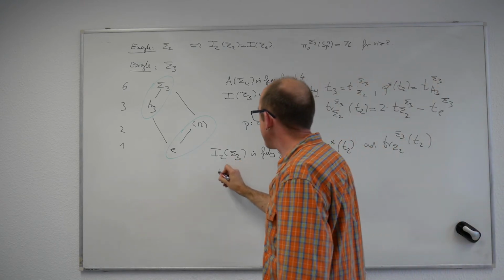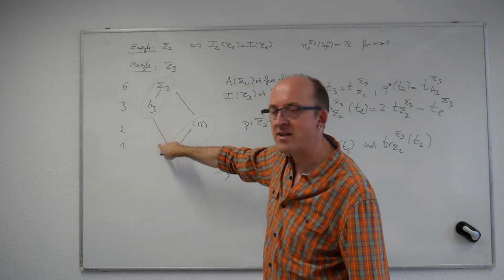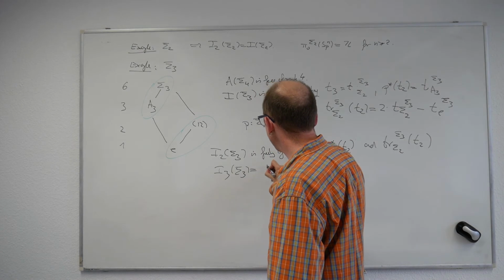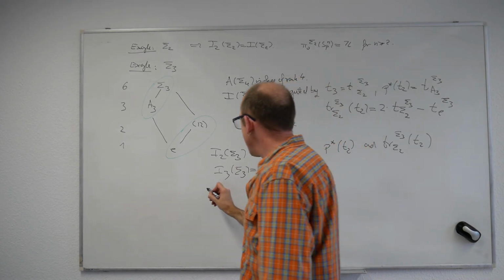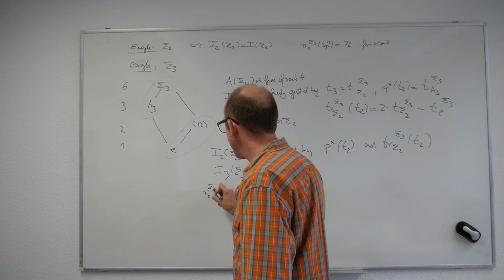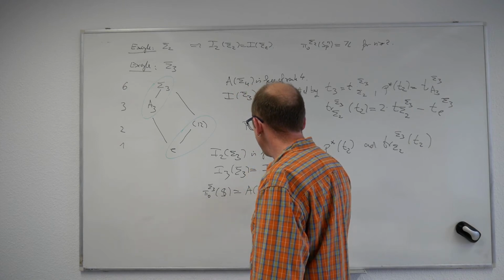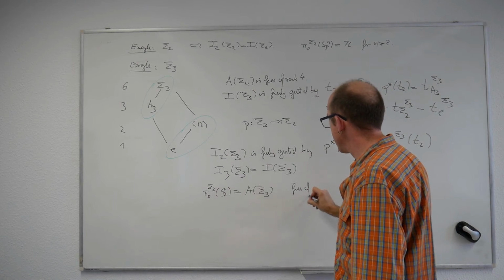And I3 is everything, because then you're also adding these index 3 inclusions, the classes for those, and then you have everything. I3 of sigma 3 is the whole augmentation ideal of sigma 3. And then we can get that pi 0 sigma 3 equivariant of the sphere spectrum, where that's the Burnside ring, A of sigma 3.